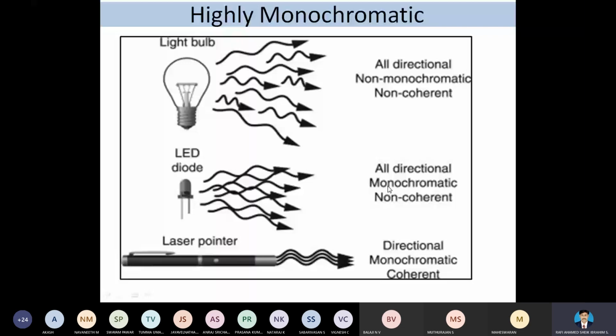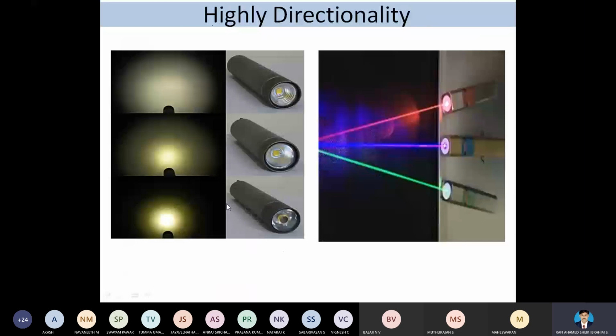That's why we are not considering this also. For a laser pointer, the important specification is that it spreads in a particular direction: highly directional, monochromatic, and coherent. As I mentioned here, for ordinary light the spread is throughout the region.